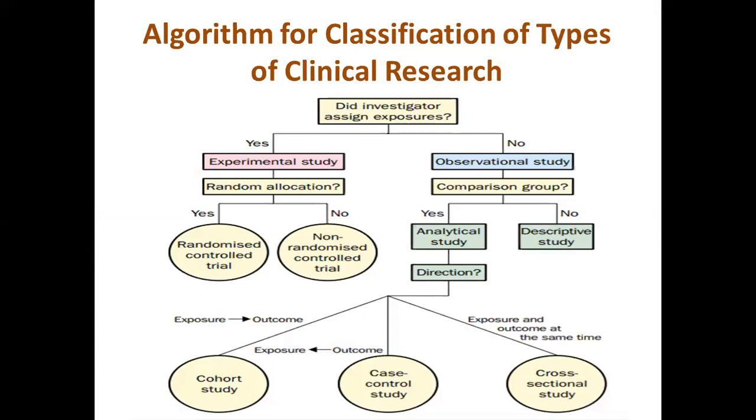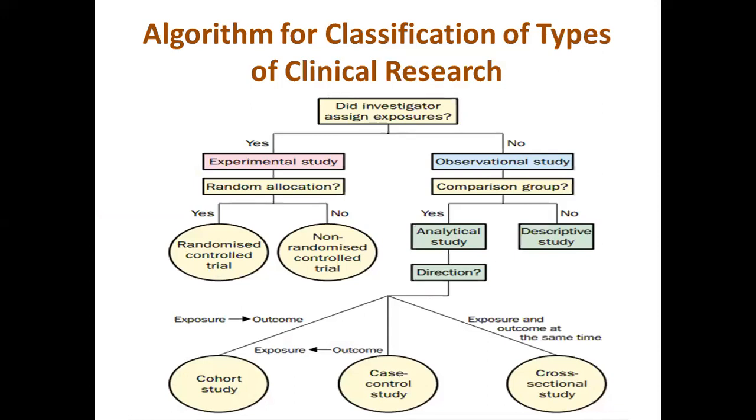As we are going to discuss clinical drug development, this is an experimental study. How can we understand whether a study is experimental or observational? We need to ask this question: did the investigator assign exposures?